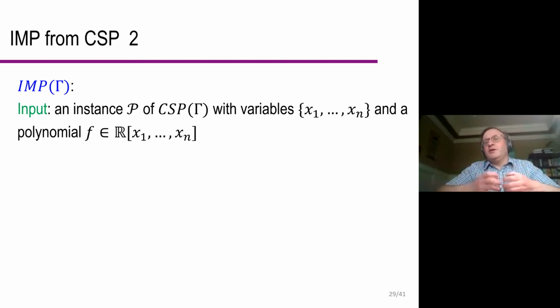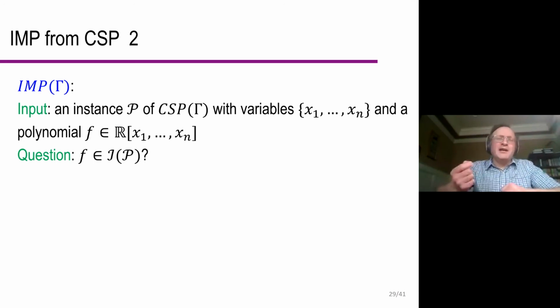Okay, so the polynomial can be represented explicitly like a sum of monomials. So the goal is to check if that polynomial belongs to the ideal I_P. And so it's somewhat similar to solving the CSP, right? We are checking if something belongs to the ideal, but it's quite different, actually.